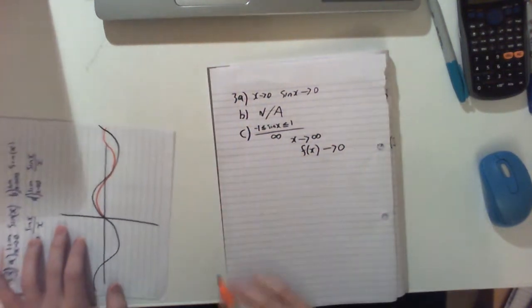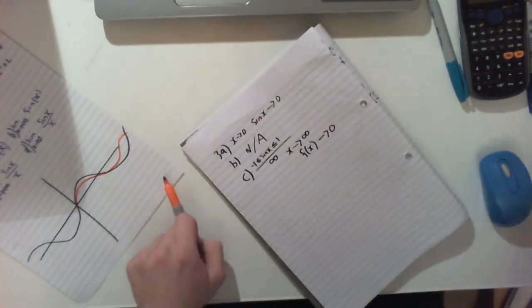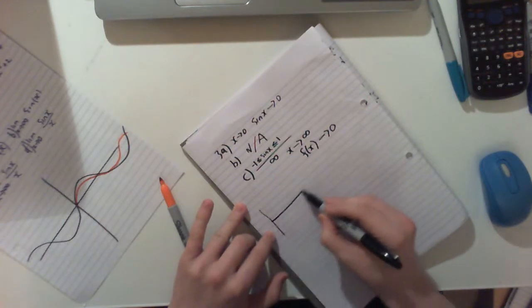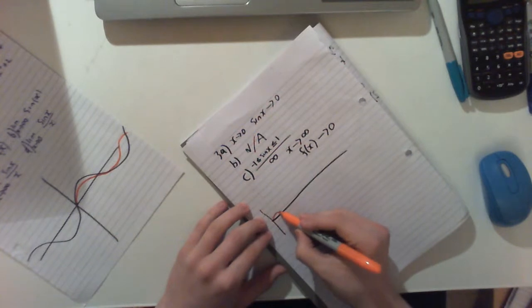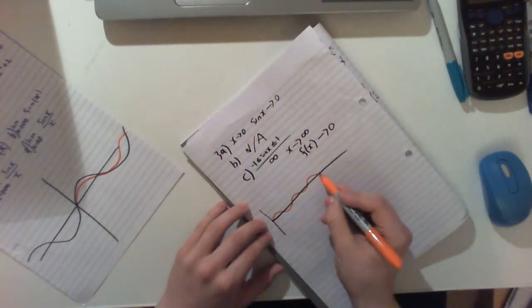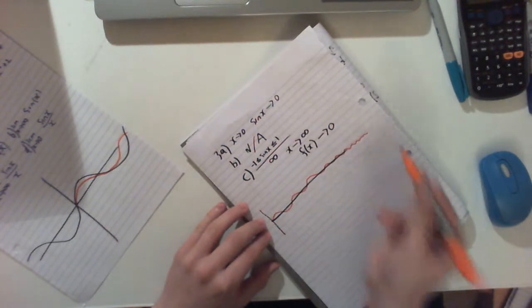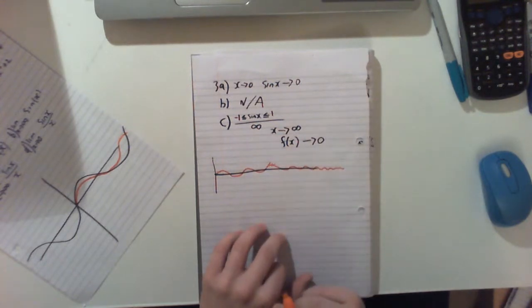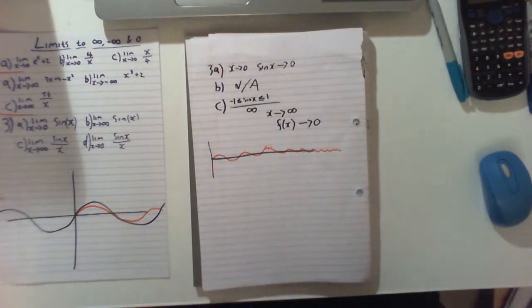If we take a very zoomed out scale, what we'd actually start to see is sine would just decay down to 0. Ignore this one where I messed up a little bit there. Yeah, it will decay down to 0. Its amplitude would lessen with each successive oscillation, dampening it down to 0.